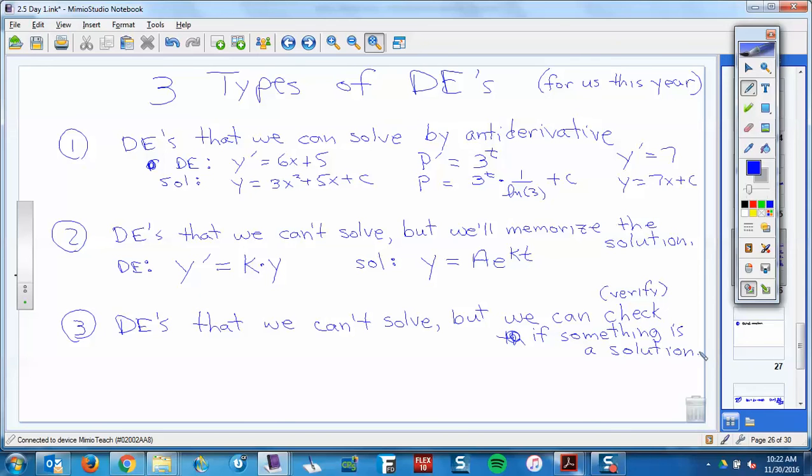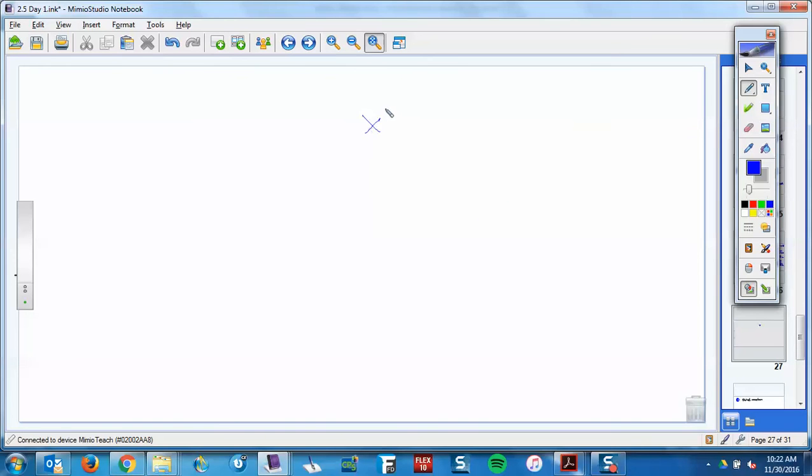But if I gave them a quadratic equation and said, is x equals 5 a solution? What would they do? They would just plug it in, right? So you don't have to know how to solve this to check to see if something is a solution. I can just plug in a 5. And it turns out it is.